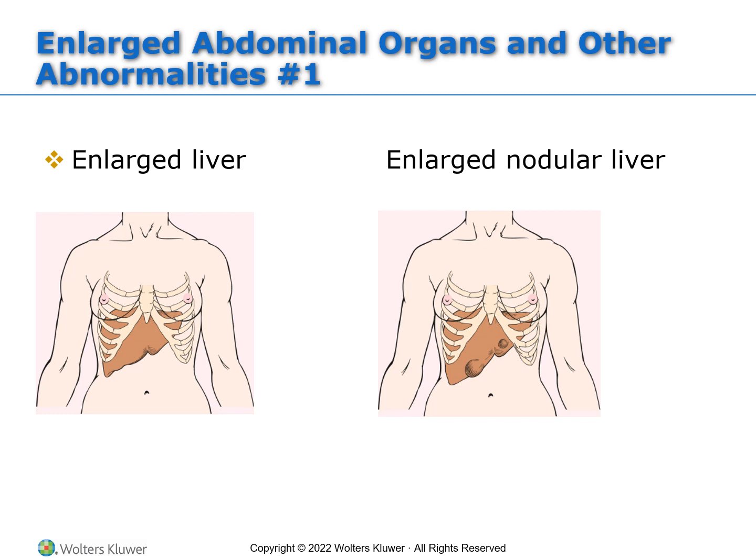An enlarged non-tender liver suggests cirrhosis. An enlarged tender liver suggests congestive heart failure, acute hepatitis, or an abscess. An enlarged, firm, hard, nodular liver suggests cancer. Other causes can be late cirrhosis or syphilis.